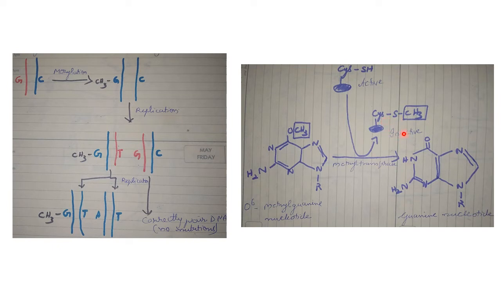That is why it is called suicidal enzyme. And this methyl transferase is not strictly an enzyme, because a single methyl transfer event permanently methylates the enzyme, making it inactive in the pathway. And after transfer of the methyl group to cysteine residue of the methyl transferase, guanine nucleotide is replaced. So it is a case of direct repair.